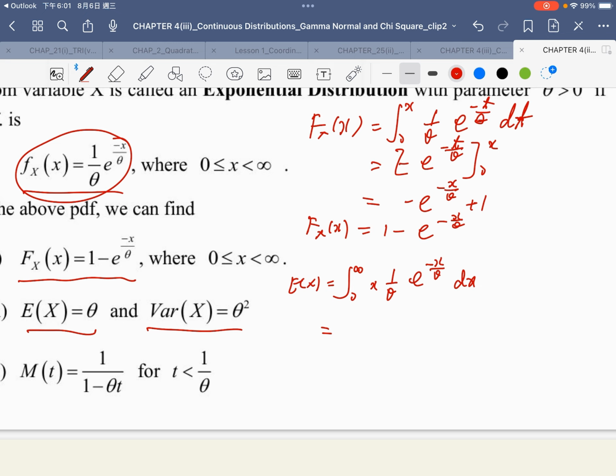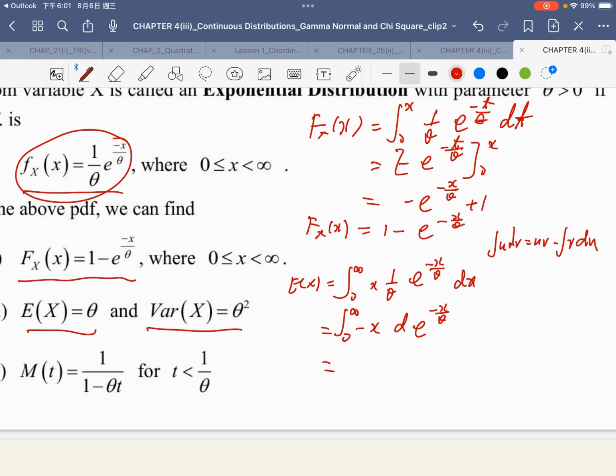Using integration by parts, these terms can come together. That is d e to the negative x over theta, with a negative sign. Then by the formula, integral of u dv equals uv minus integral of v du.